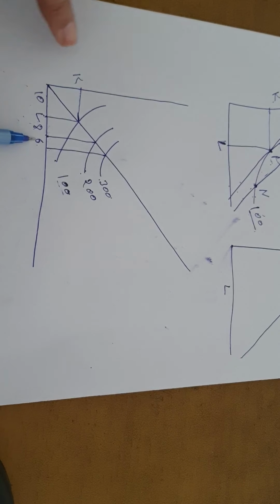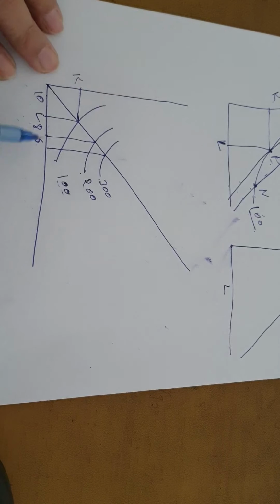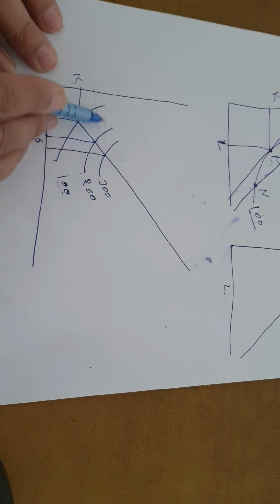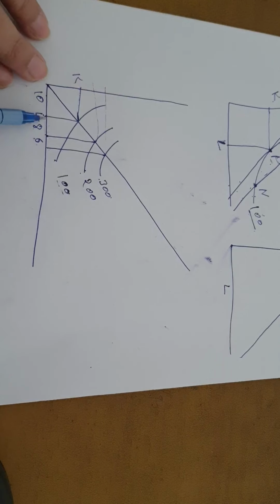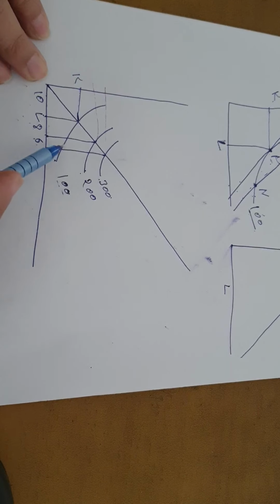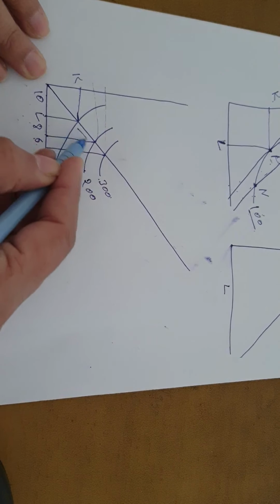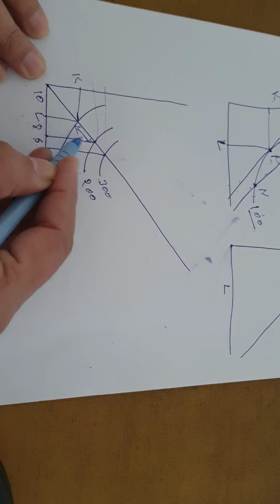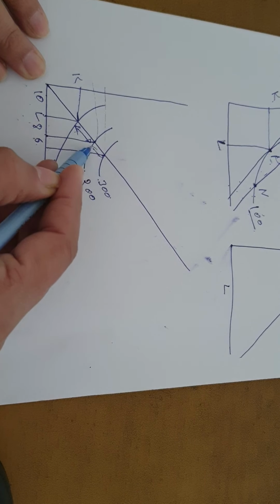Same is happening to capital also. If you can see, the same thing is happening here also. This difference is decreasing. So why is it happening? Because I am drawing this diagram in such a way that this difference between these isoquants is decreasing. You can see here.